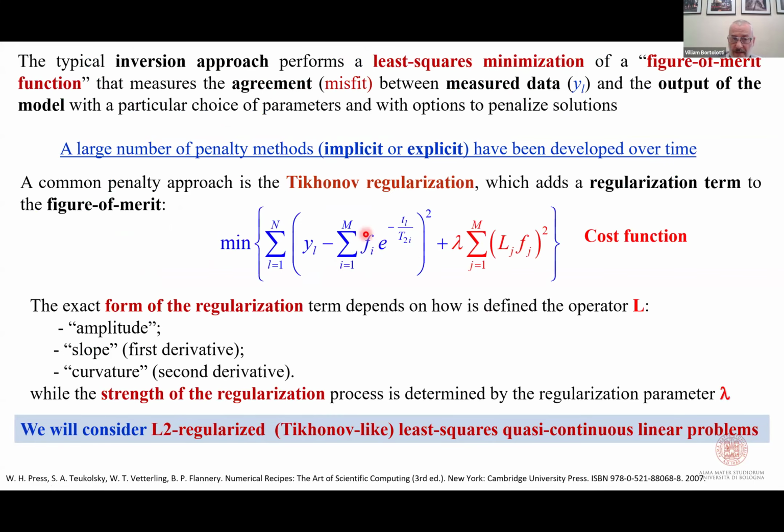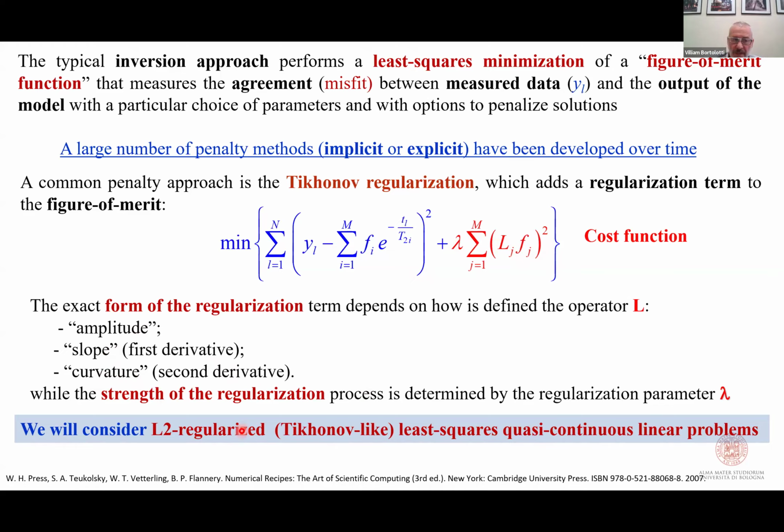In order to fit, a direct fit is impossible. A typical approach is to add to the minimization algorithm not just the comparison of the experimental result with the model, but also a regularization term, where lambda is a parameter defining the strength of the regularization term, and L is an operator, which can be amplitude, slope, so first derivative, applied on the distribution itself, or the curvature.